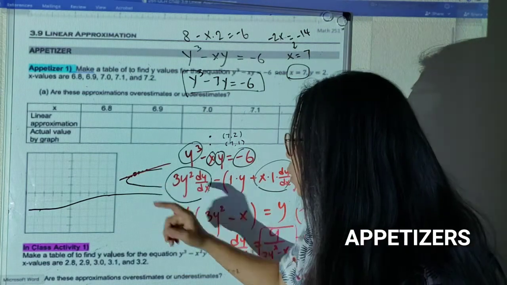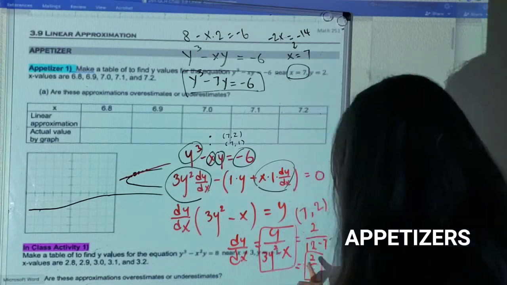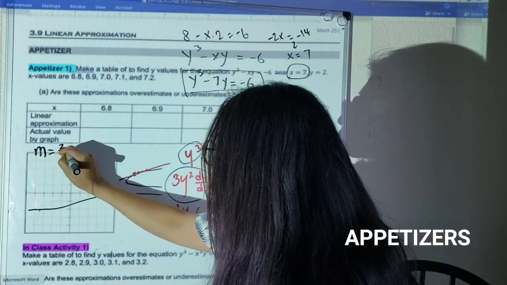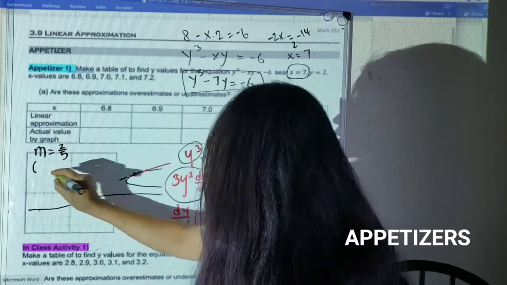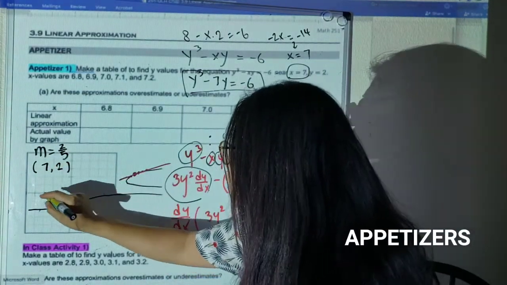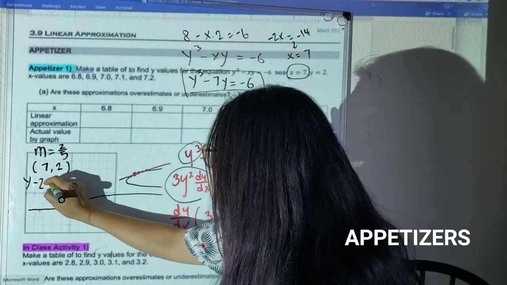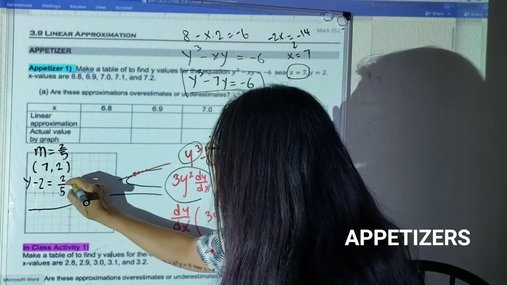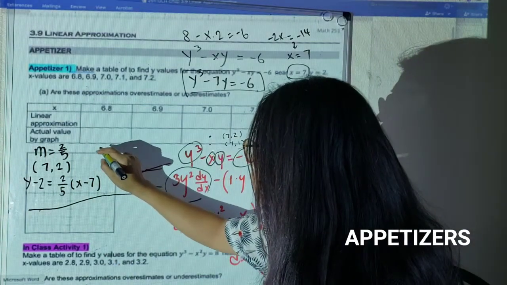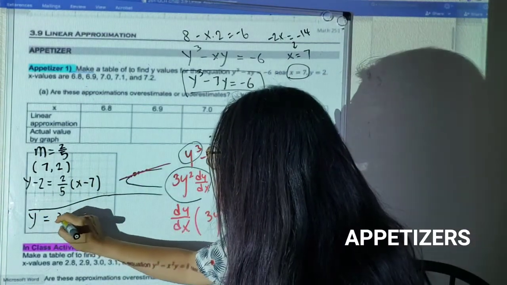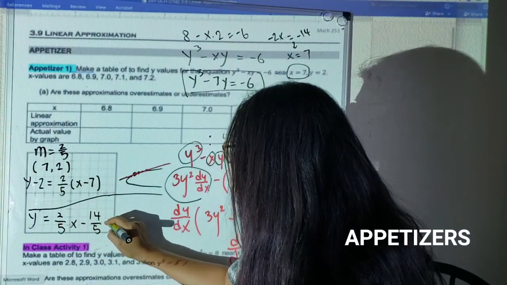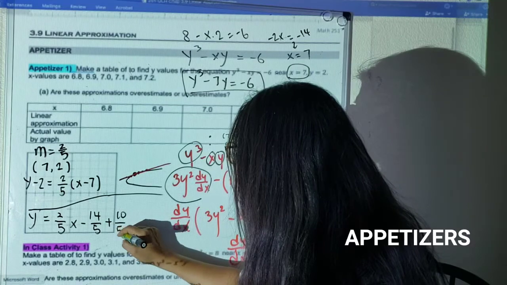So I found the slope of this red line is 2 over 5, and it's going to pass through point 7, 2. So the tangent line will be y minus 2 is equal to 2 over 5 times x minus 7. I'm going to organize that: y is equal to 2 over 5 x minus 14 over 5 plus 10 over 5.